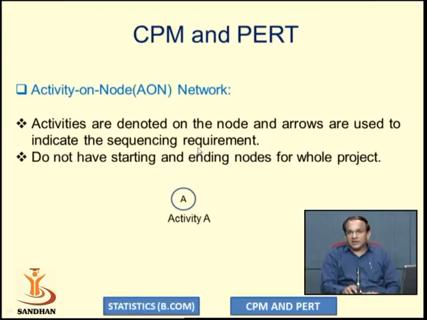In the critical path method and PERT technique, whatever network is drawn will be of two types: activity on node, that is the AON network diagram, and activity on arrow, that is the AOA network diagram. In activity on node, the activities are denoted on a node and arrows are used to indicate the sequence of requirement. There is no starting and ending node for the whole project in the AON network diagram.